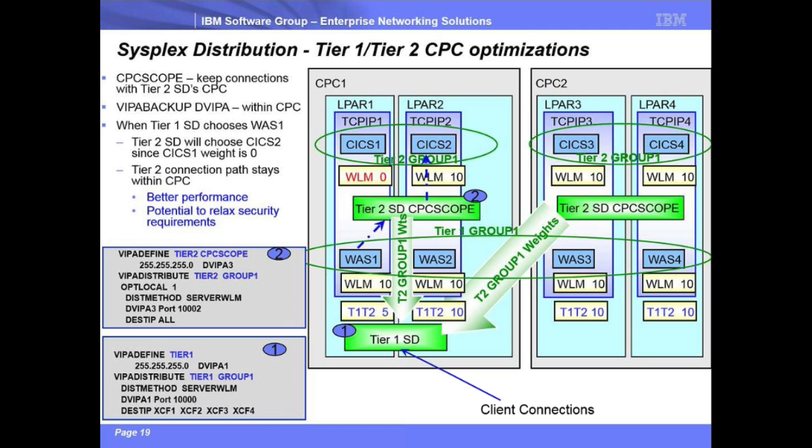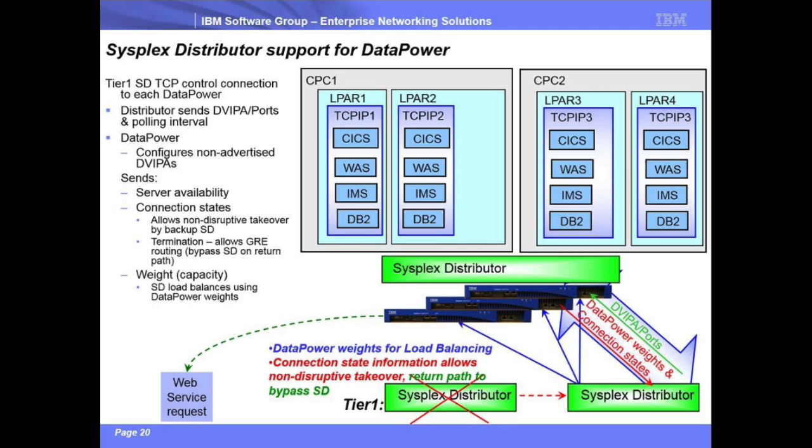Okay, so the next thing I'm going to talk about is Sysplex Distributor support for DataPower. So the Sysplex Distributor can be configured not only to load balance connections to z/OS applications, but it can also be configured to load balance applications on DataPower appliances.